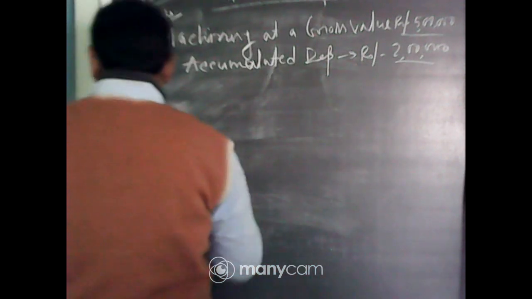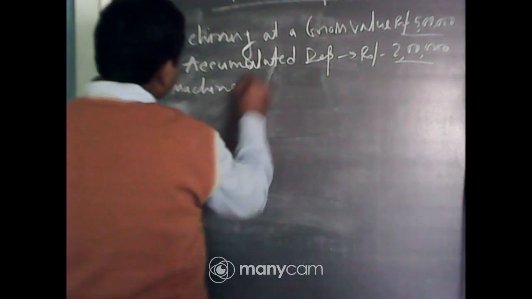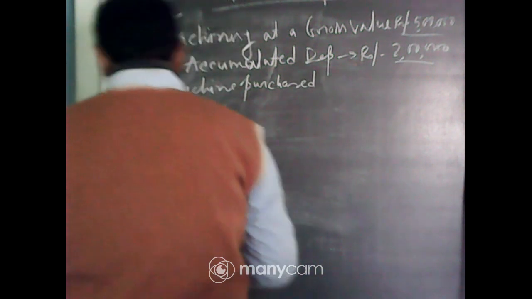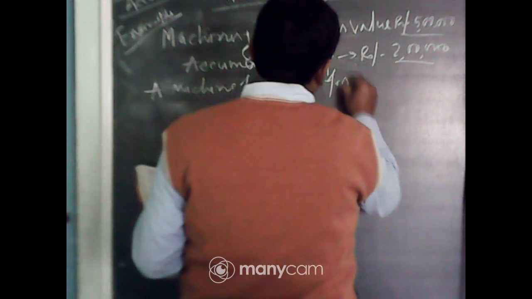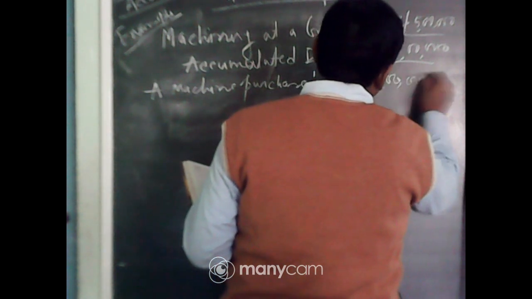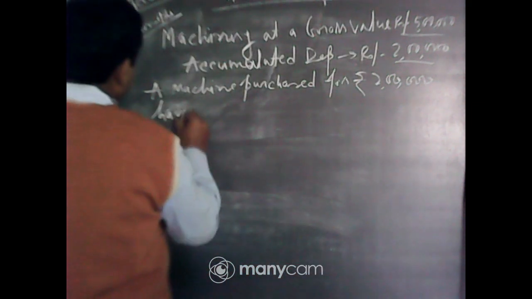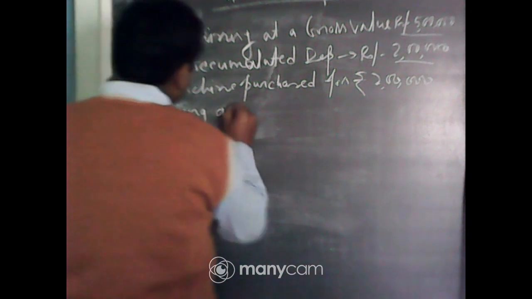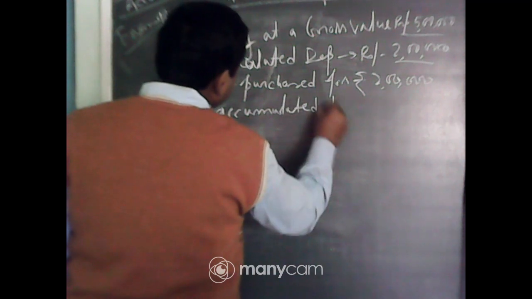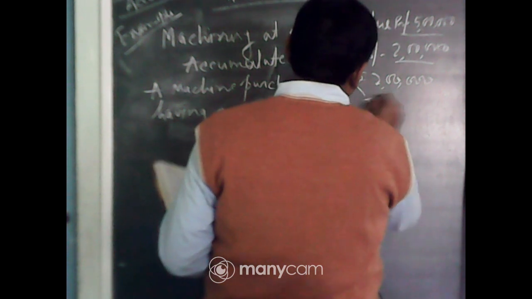Now they are saying a machine purchased for rupees 2 lakh, having accumulated depreciation rupees 80,000.